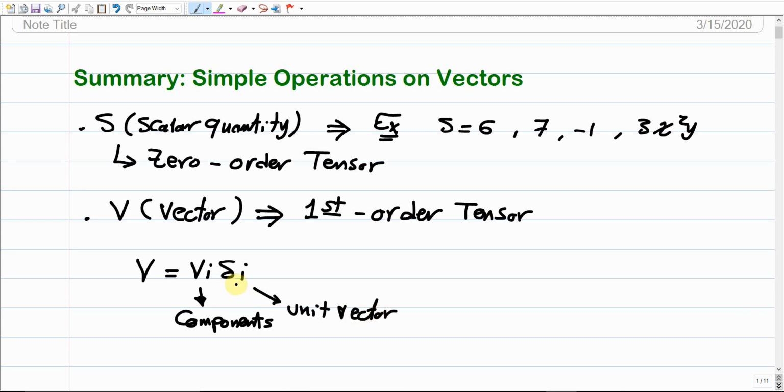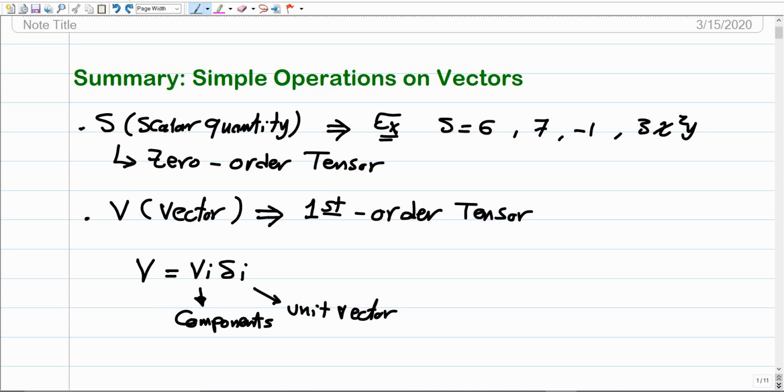The delta_i itself is a vector, but the V_i is a component, and this is what gives the magnitude. You could say that these components are the values of the vector. As you know, even from mathematics, the vector has 3 different components, the X component, Y component, and Z component, right, in 3 dimensions.